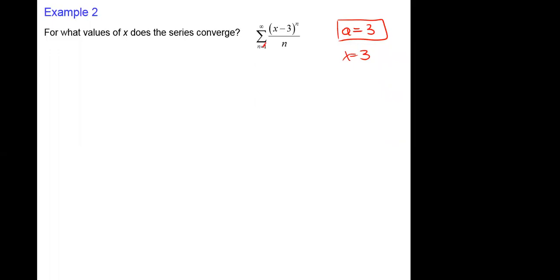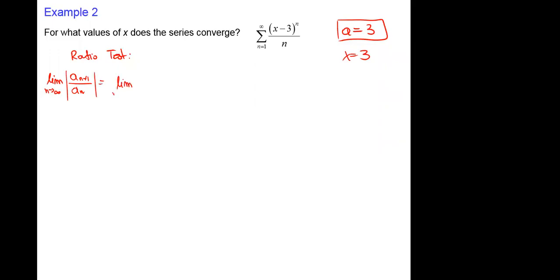Oh no, we're starting at 1, everything will be 0. Okay, never mind. We know that at the center we do have convergence. Let's do the same. Ratio test. Limit at infinity. Now I will write the ratio, n plus 1.